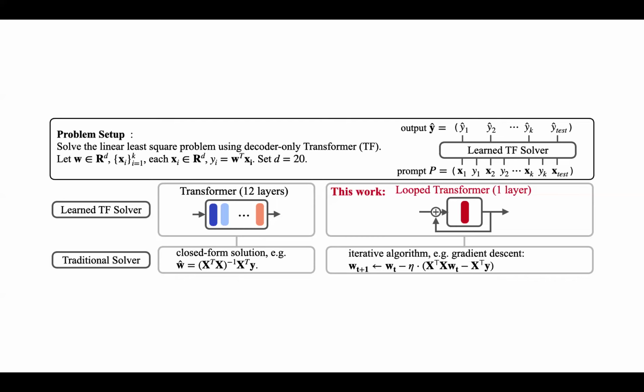Standard transformers are able to solve this with a 12-layer transformer, as the previous work shows. And we hypothesize that it is learning a closed-form solution of the ordinary least squares. But we're proposing to use a looped transformer, where it only has one layer of learnable parameters. And we think it is trying to emulate an iterative algorithm.